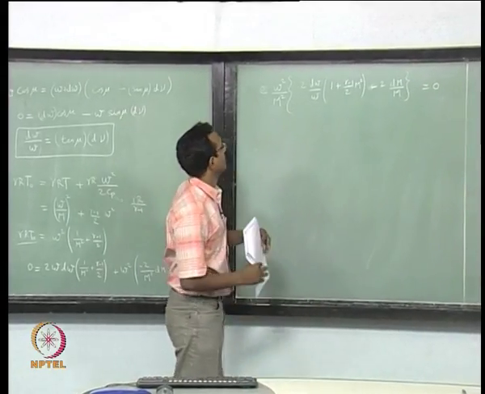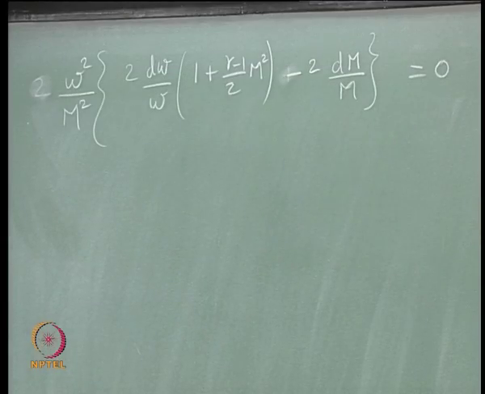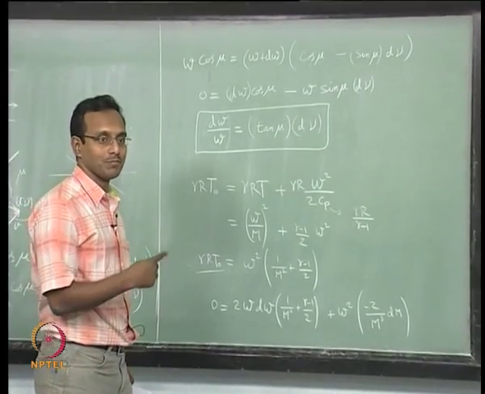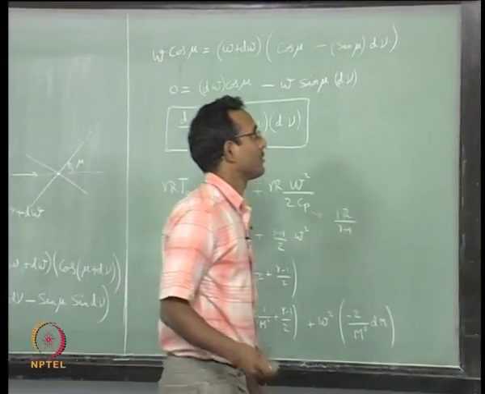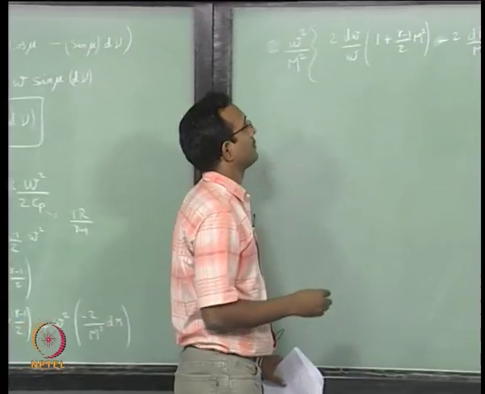This is what I will have. Just follow it, if I am making a mistake, I am doing it out of memory and not from my notes here. There is a mistake, you should tell me. Okay. I am having this expression here.